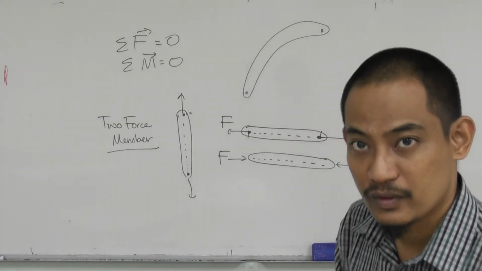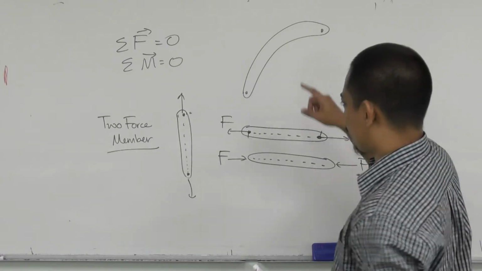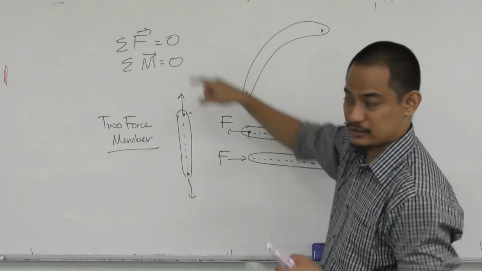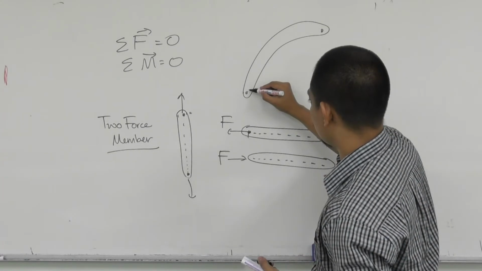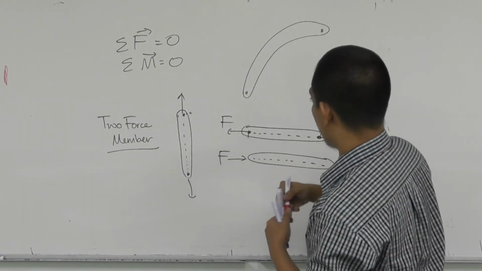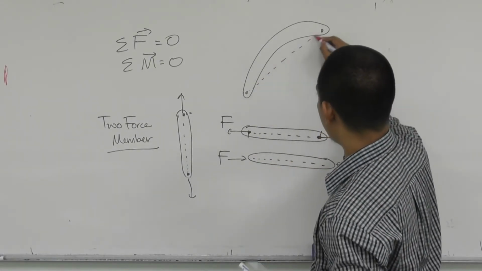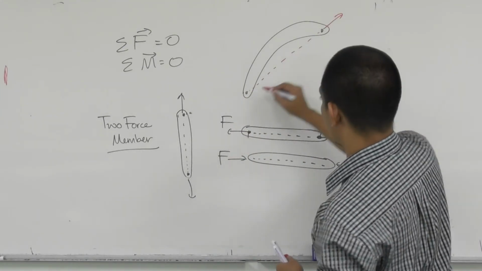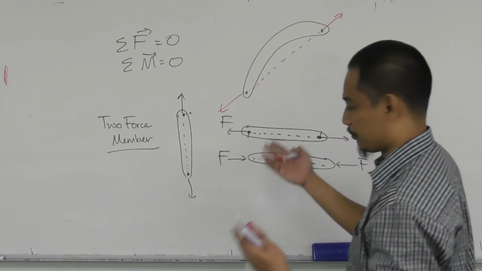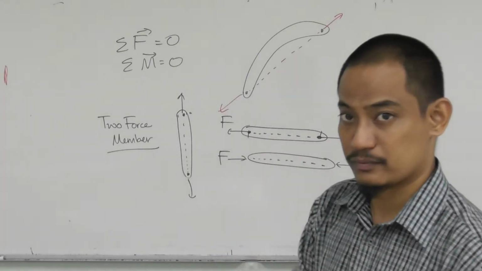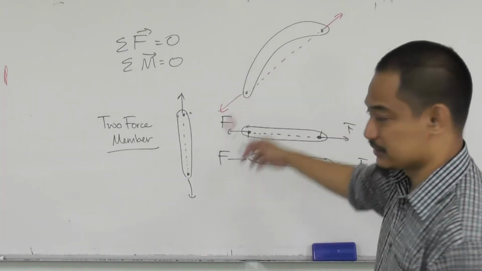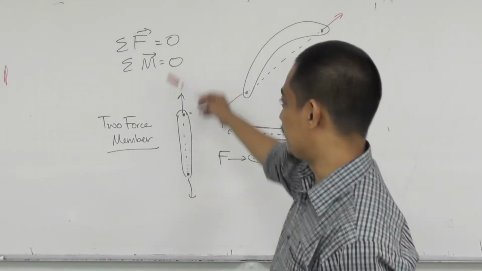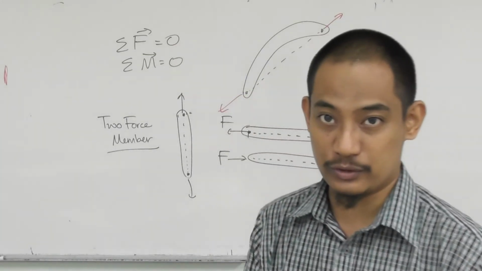For this to satisfy both conditions, the force should be along this line, either in tension or compression. For example, this one is in tension, and the opposite is in compression. So when it is like this and the same value, only then will this be equal to 0.